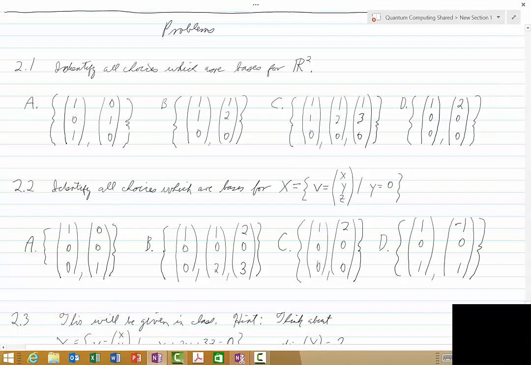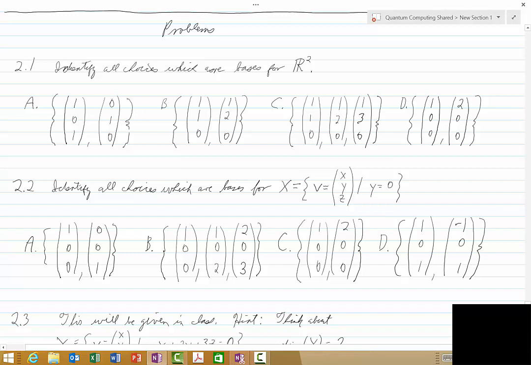In problem 2.1, I ask you to identify all the choices, and there may be more than one. Identify all the choices which are bases for R2. So A is the set of these 2 vectors, 1, 0, 1, 0, 1, 0. B is the set of the 2 vectors, 1, 1, 0, and 1, 2, 0.